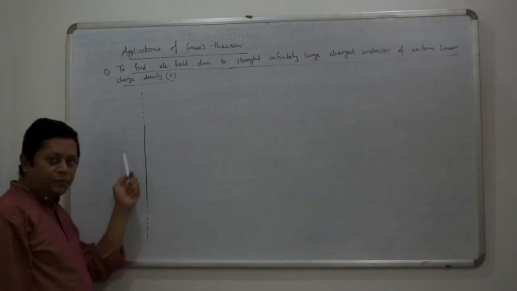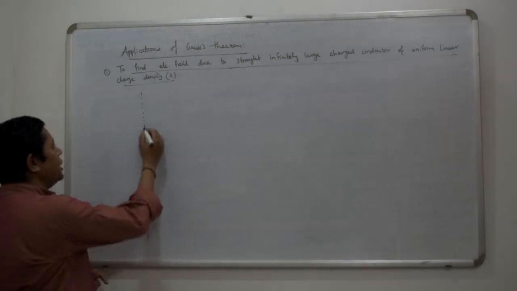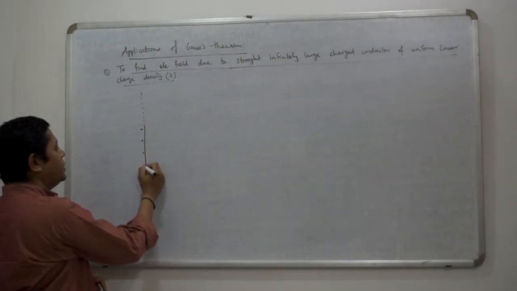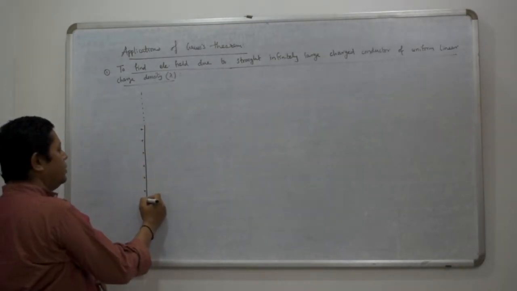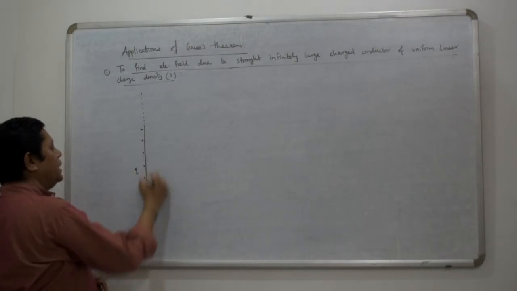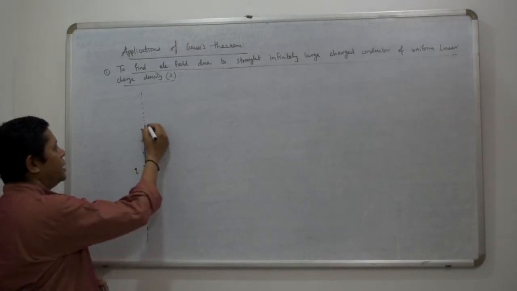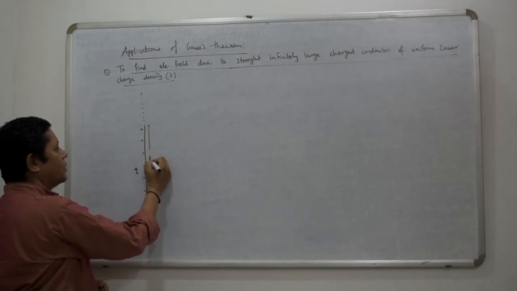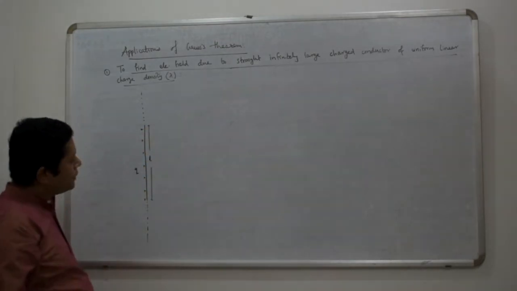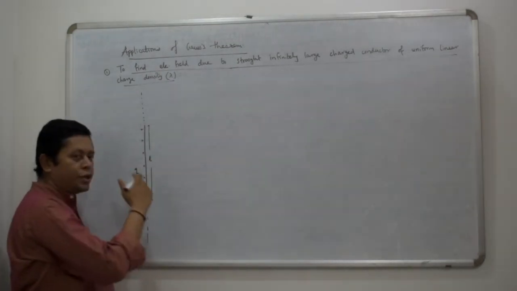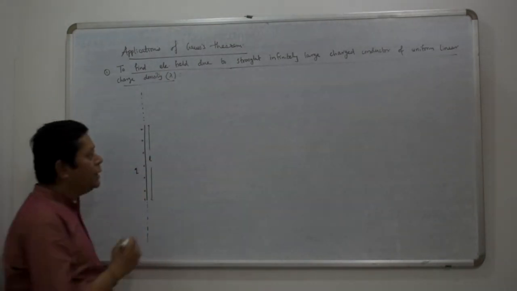So here, this is a conductor on which a certain positive charge, say Q, is distributed. The length of this conductor, let's say, is equal to L. Then charge Q is distributed over this length L linearly.